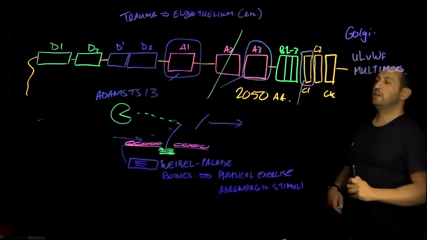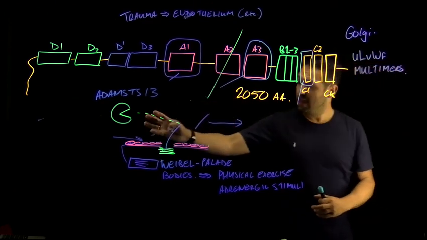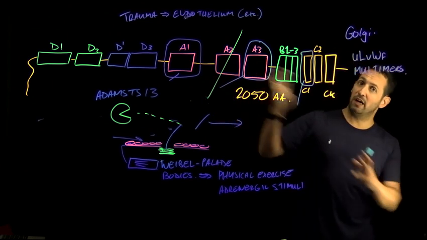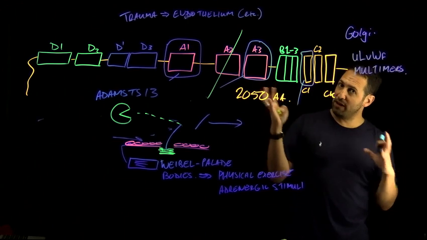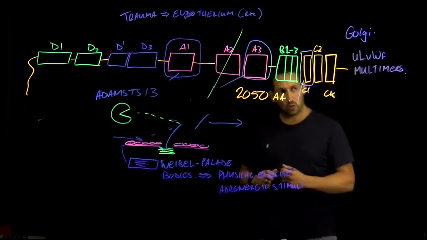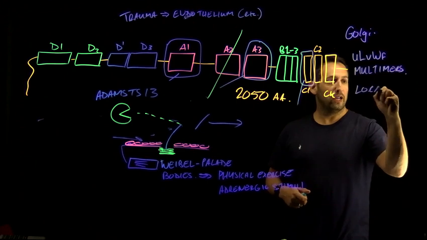So ADAMTS13's job is basically to come along and chop up anything that is going to be too big and cause a clot that is too large within the vessel. So we're keeping everything right down to size, or in other words, as we call it in the game, we localize.